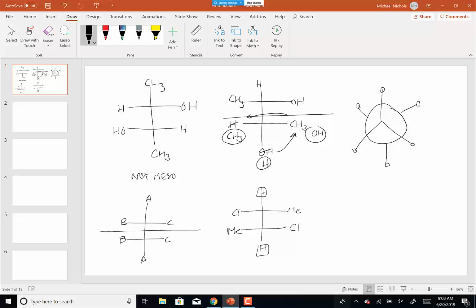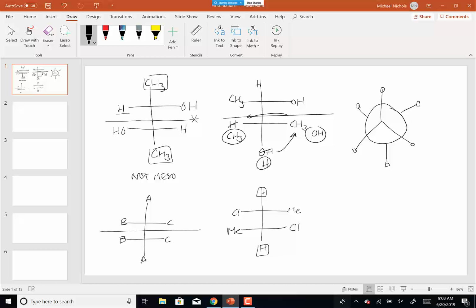So down here, if you line up the H's, you'll never be able to line up the methyl and the chlorine, because the H's are already lined up. And that's the same thing over here. The methyl groups are already lined up, and this hydrogen, there's no mirror plane here. The mirror plane cannot be cut through the molecule. That's a mirror image, but those two aren't.